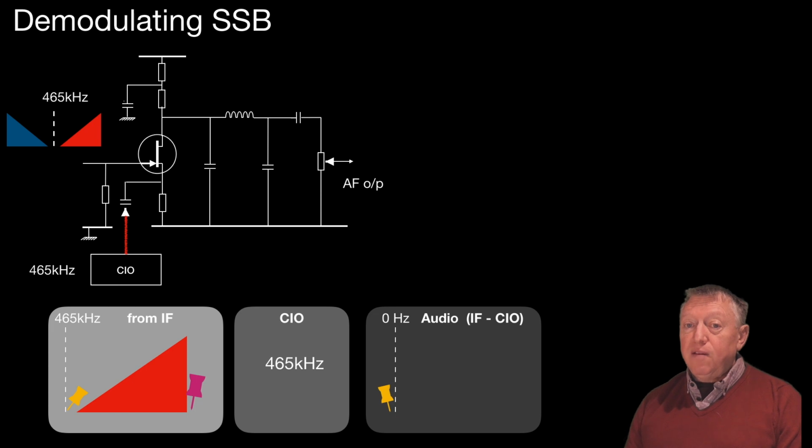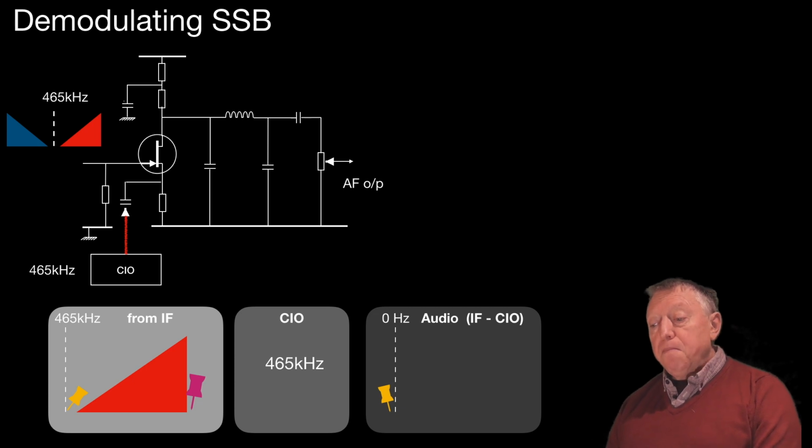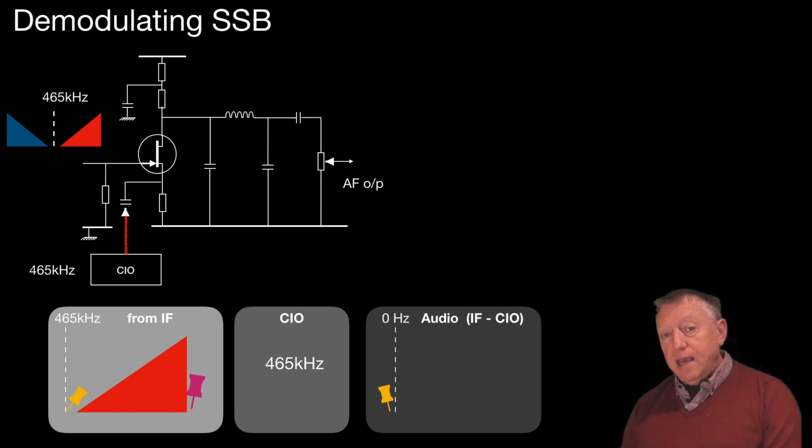Otherwise we'd end up with a negative frequency, which wouldn't be one of the products produced. But a product will be produced of 468 minus 465, which will produce 3 kHz.